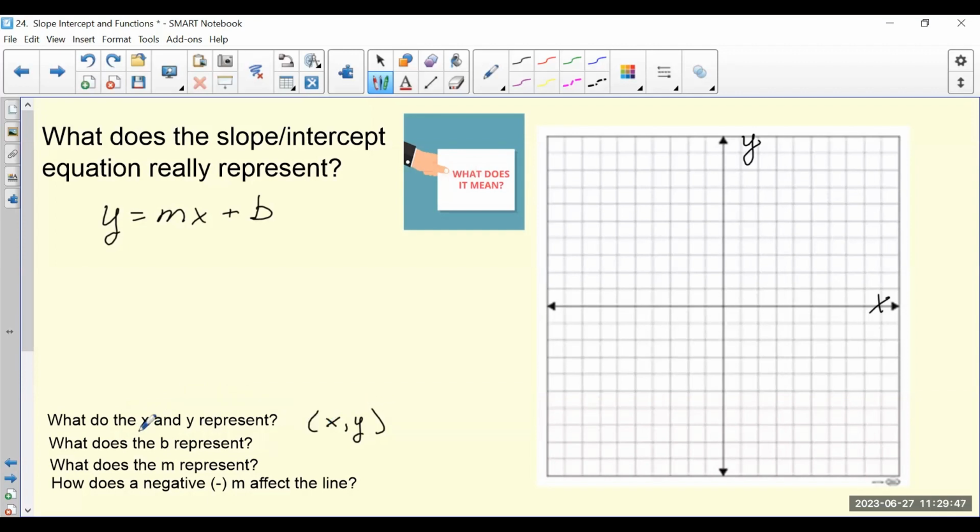Okay, so the b and the m. We're going to figure this out by writing a simple equation, and then slowly changing the b or the m a little bit just to see what happens. So let's start with a simple equation. y is equal to 2x plus 1.